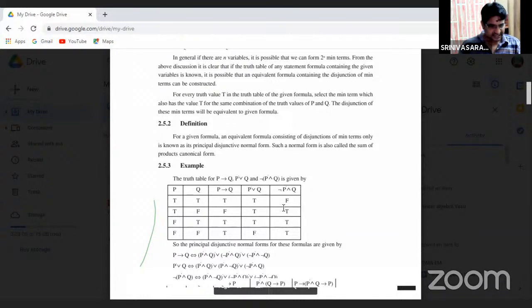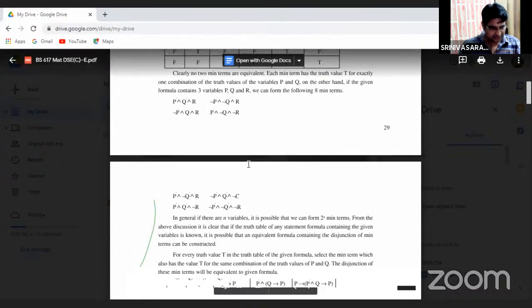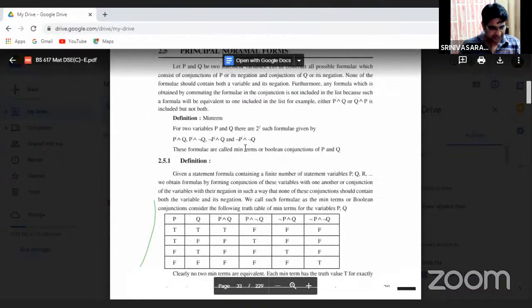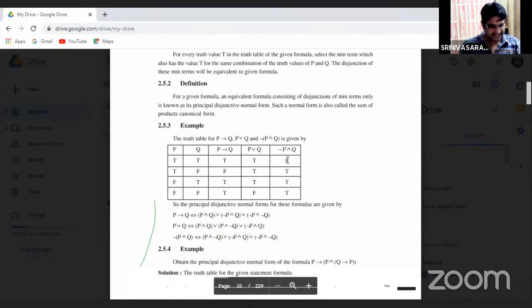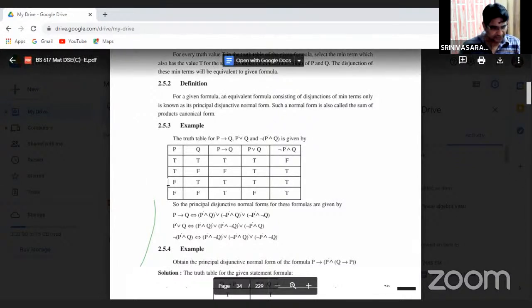So here is negation of P and Q, or negation P and negation Q. Negation means F and T, F and T means F. Now just observe this one.